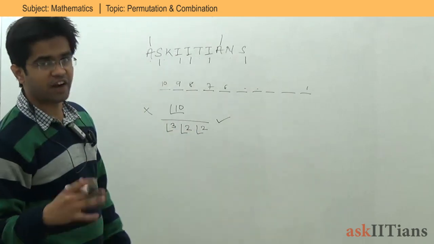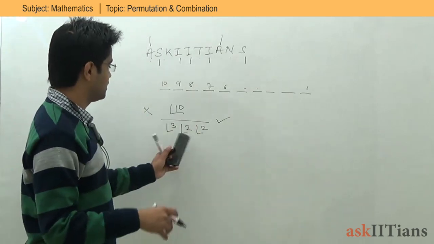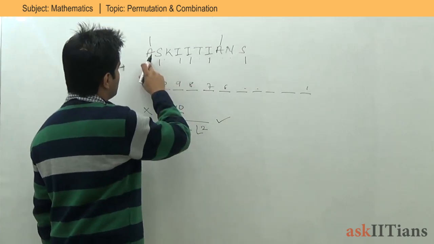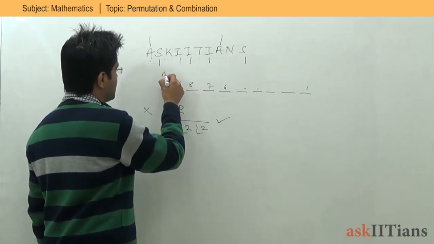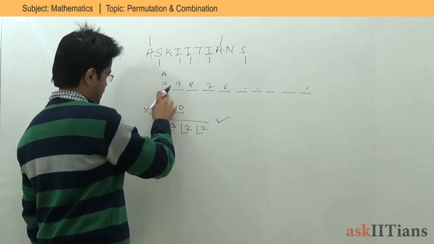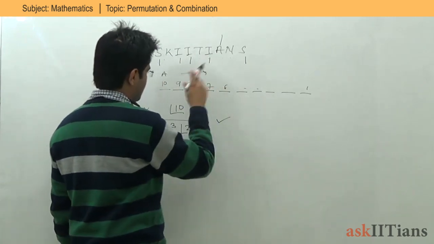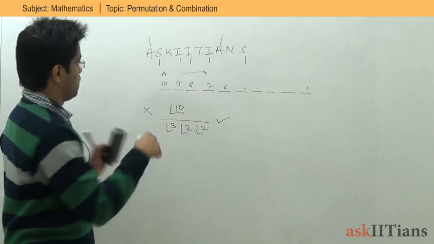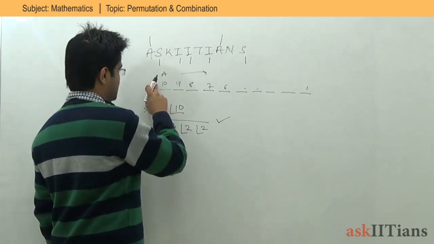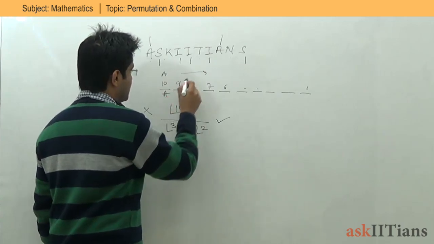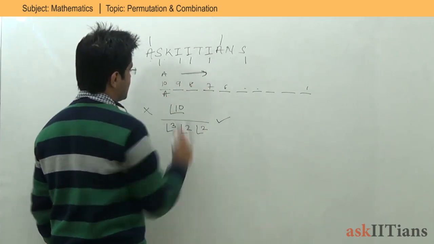Now, why have we divided this factorial 10 by these things? Suppose one of the A's comes here out of these 10 options, and let's say the rest of the arrangement remains the same. And now out of these 10 options, there will be one more option where the other A will come, and suppose the rest of the arrangement remains the same.